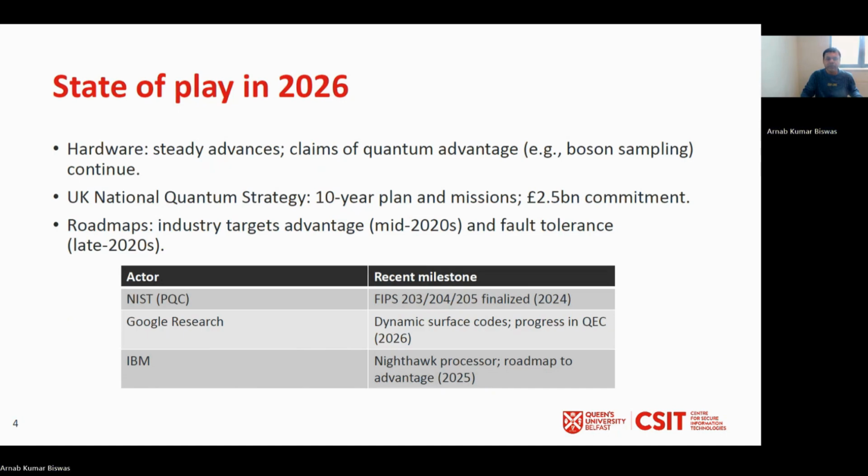That is why the UK National Quantum Strategy was released in 2023, and started in 2024. It's a 10-year plan with an investment of 2.5 billion until 2033. The UK is planning to be in the top 3 in the world.